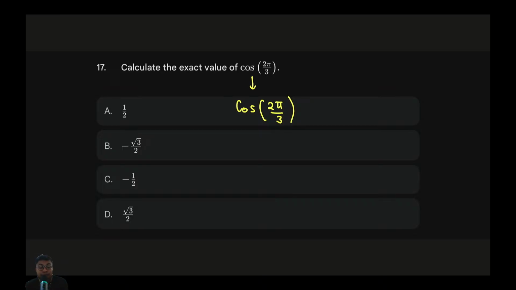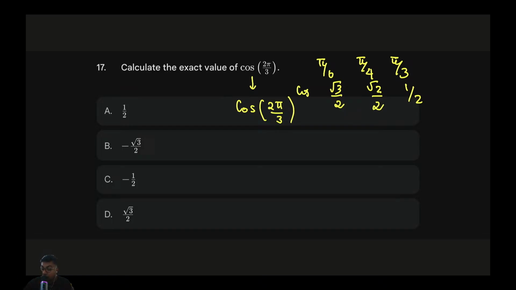The unit circle has 4 quadrants, and in the first quadrant there are 3 main angles: 30, 45, and 60. 30 is pi over 6, 45 is pi over 4, 60 is pi over 3. So cos of these is square root 3 over 2, root 2 over 2, and 1/2.